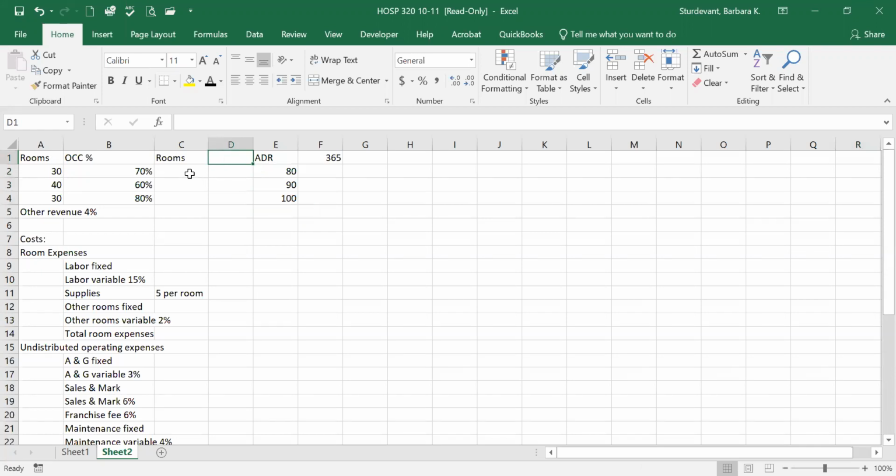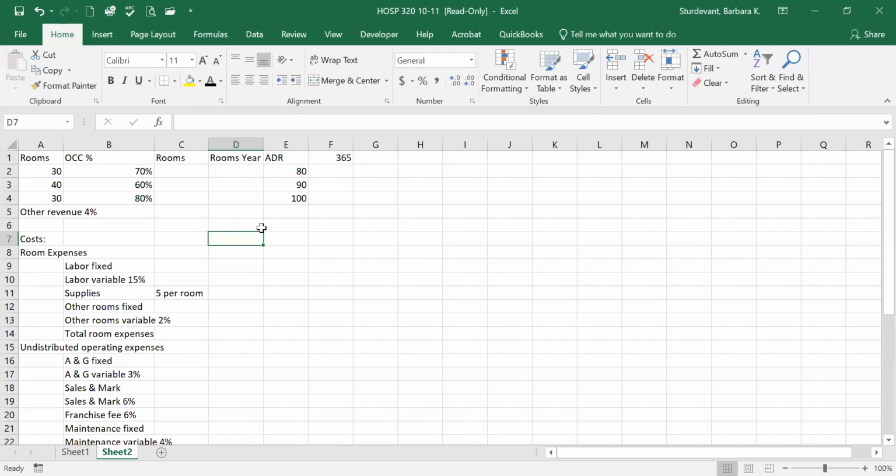Okay, so if we do rooms per day here, and then if we do the rooms per year, I had just done it all as per year as, you know, the 30 times 70% times 365. Yeah, that's exactly what I did too, but I'm just gonna break it out a little bit.